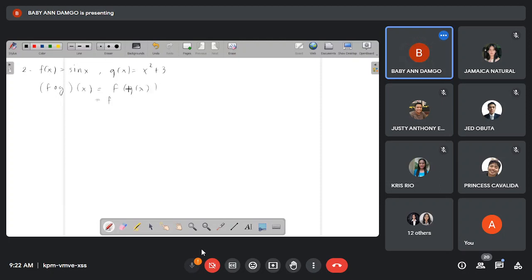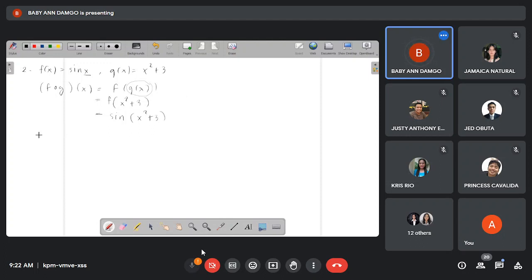So first, we evaluate g, which is equal to x squared plus 3. So now, evaluate f of x squared plus 3 given that your f of x is sine x. So we replace x with x squared plus 3. So this is sine of x squared plus 3.